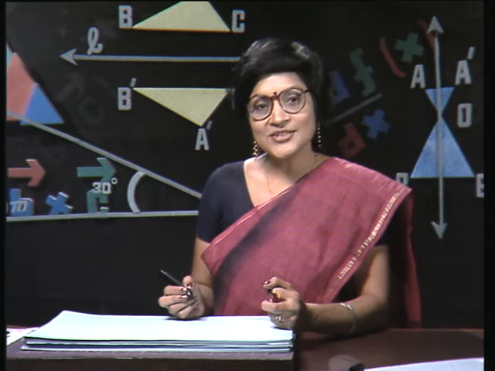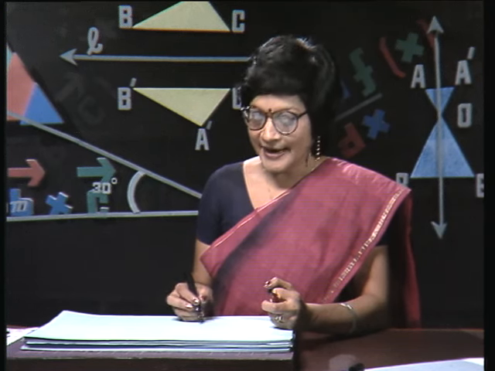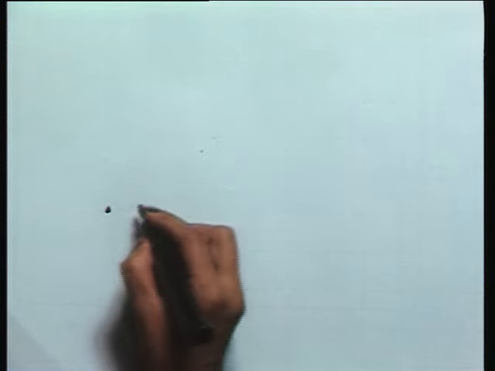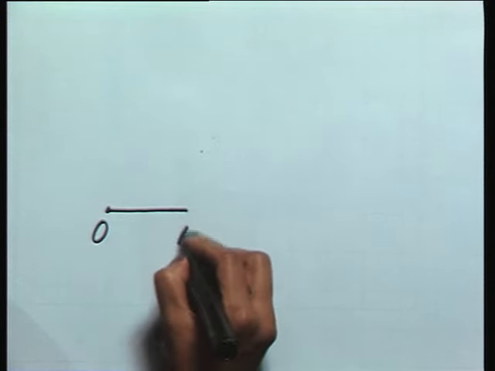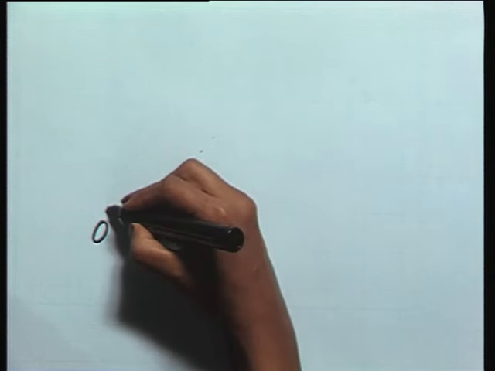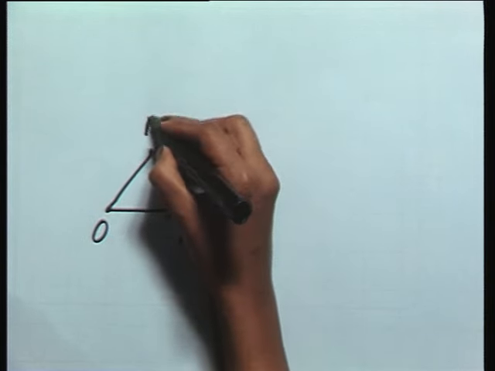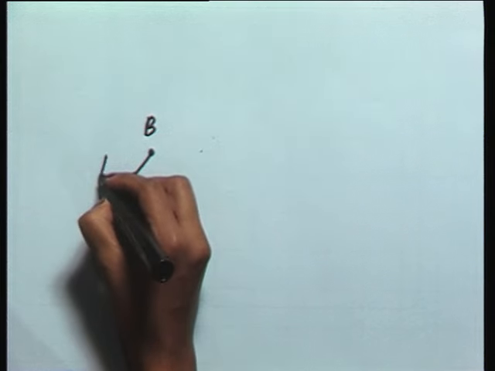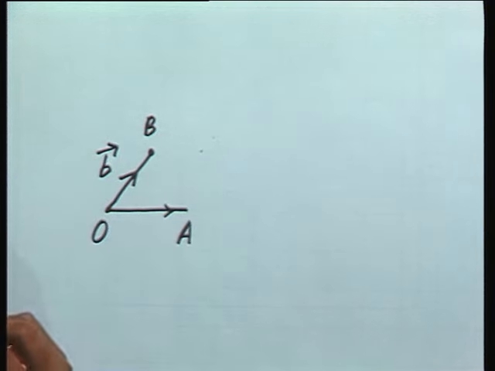lambda B. Let us draw the vectors A and B represented by OA and OB respectively.